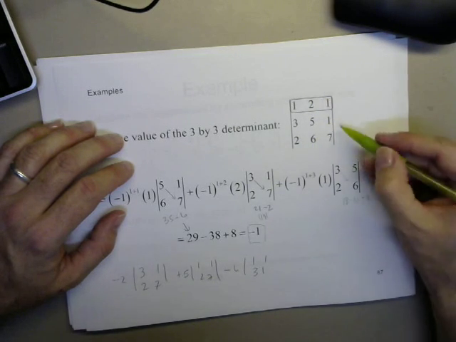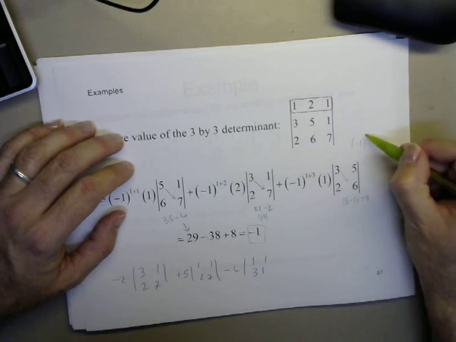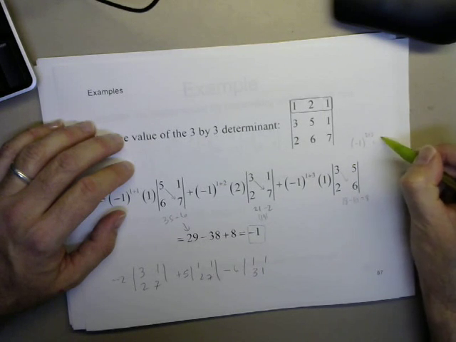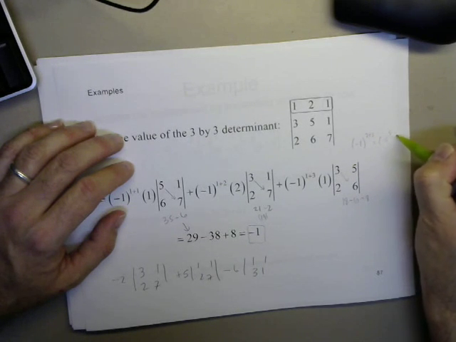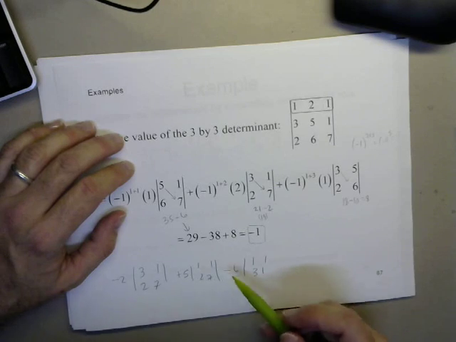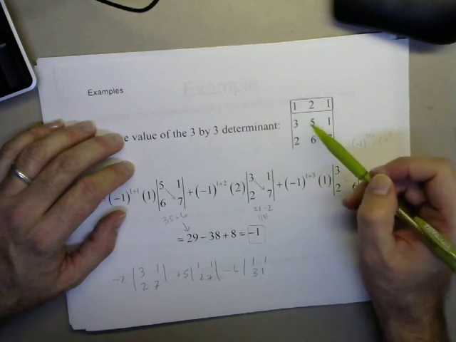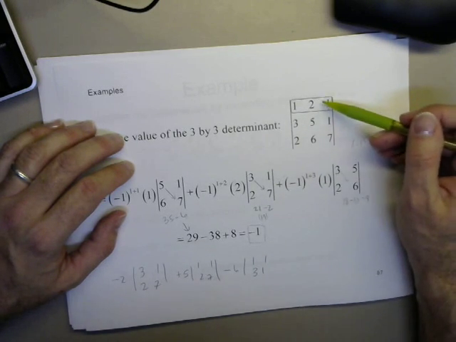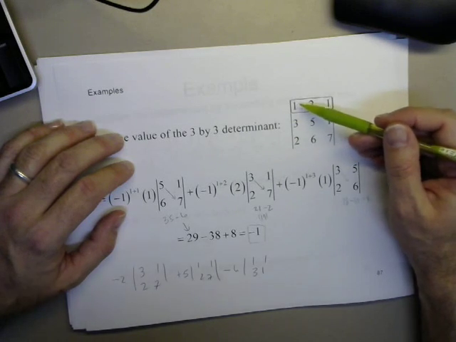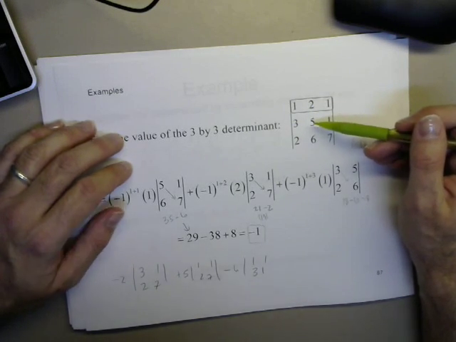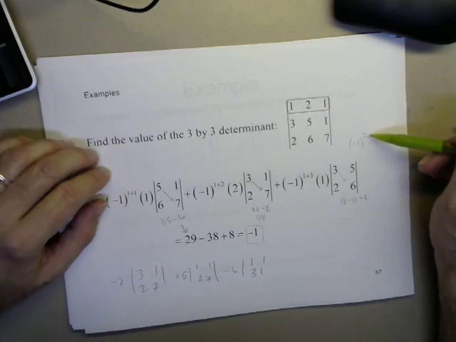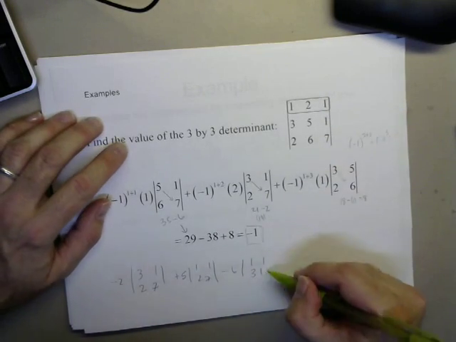It's in the second row and third column. So that would be -1 to the 2 plus 3, which would be -1 to the 5th, which would be a -1. But again, it should just alternate plus, minus, because every time you move over a column or down a row, it should just add 1 to the power. So again, you can just alternate signs like that.